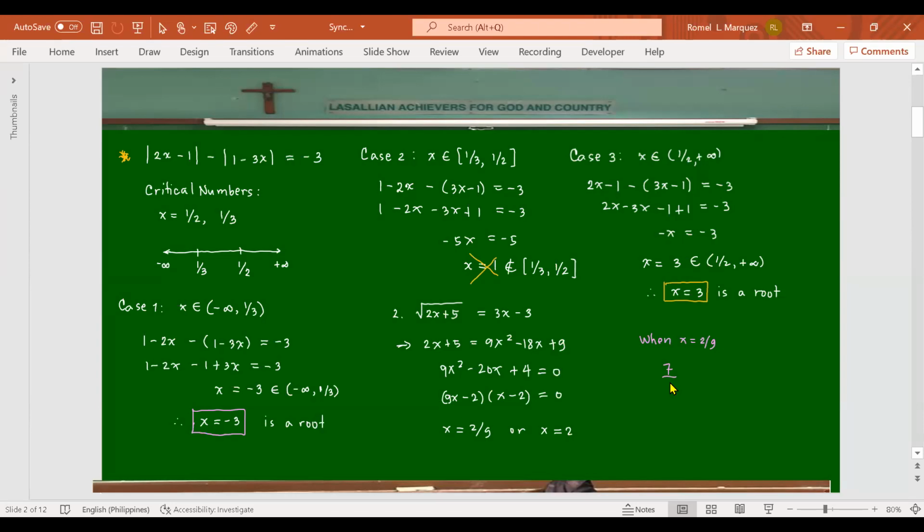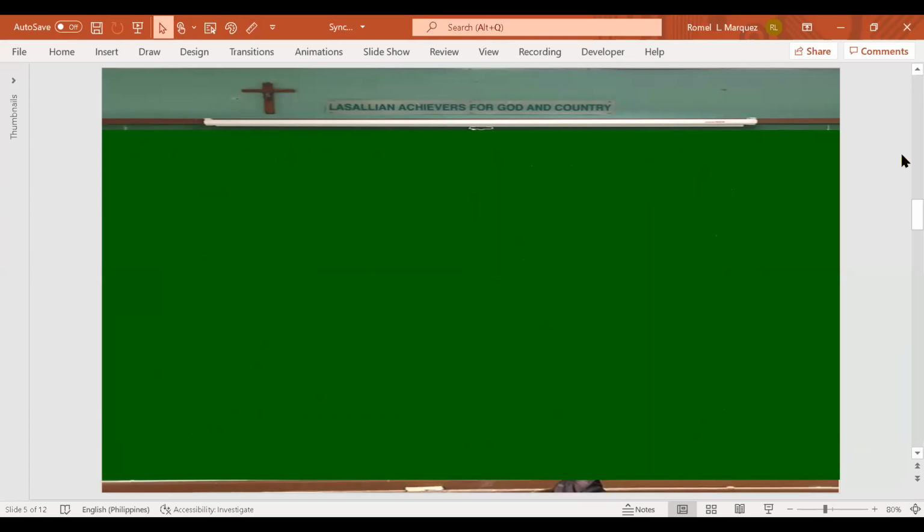So 7 over 3 is equal to 3 times 2 divided by 9 minus 3, negative 7 over 3. False. So we reject. When x is 2, 2 times 2, 4 plus 5, square root equals 6 minus 3. 3 is equal to 3. Correct, no? Yes po. So we accept this. Only one is possible. Okay? That's it. Any question with this, children?